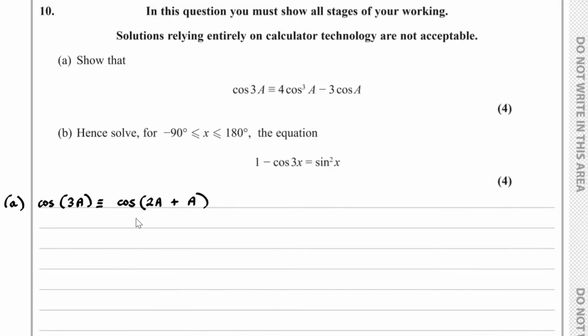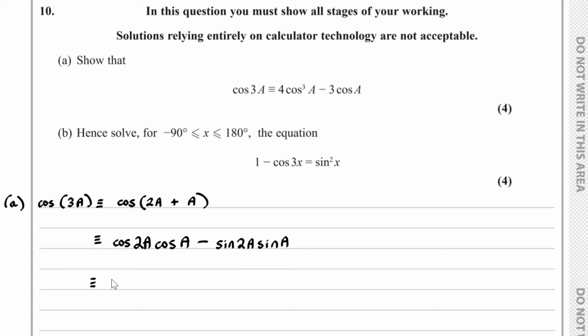We can rewrite cos of 2A plus A as cos of 2A, actually we won't need the brackets. We have cos of 2A times by the cos of A minus the sine of 2A times by the sine of A. And we can use the double angle formula.